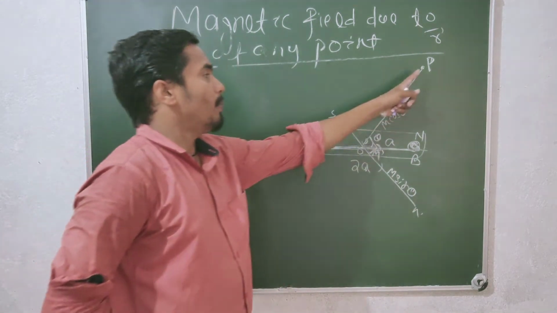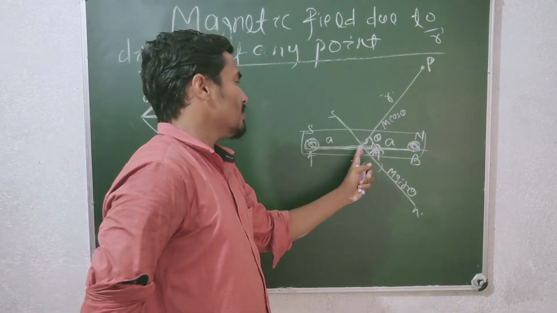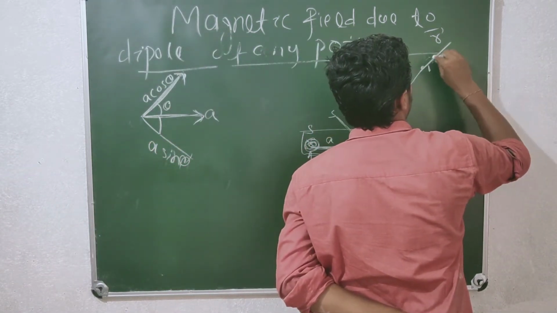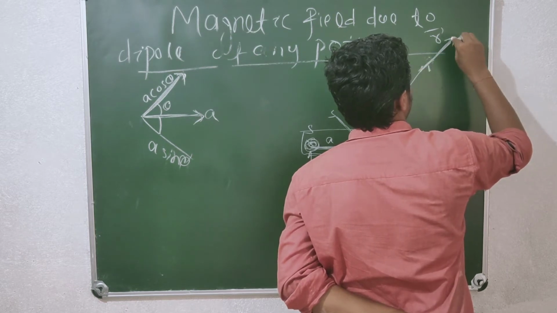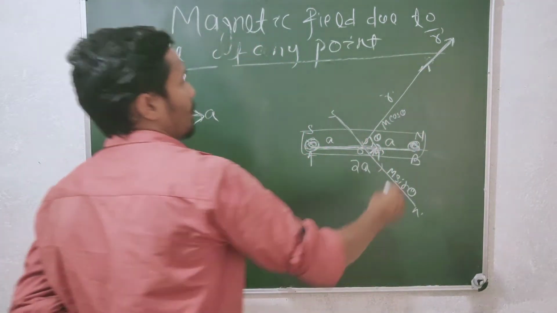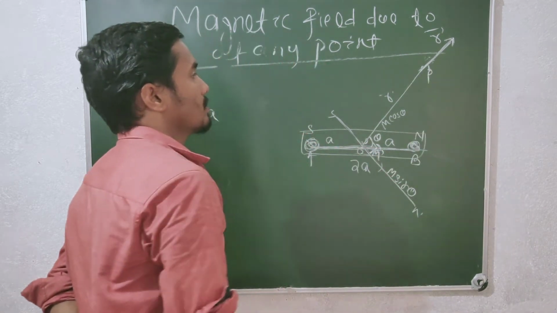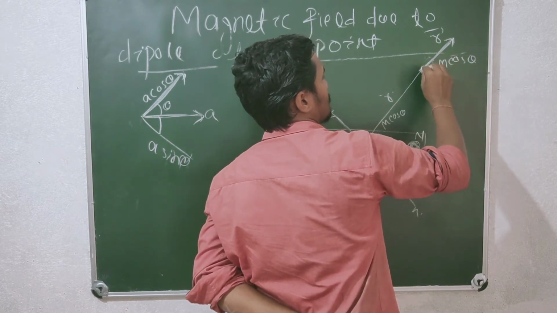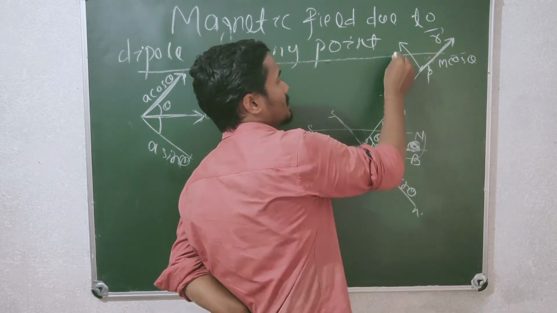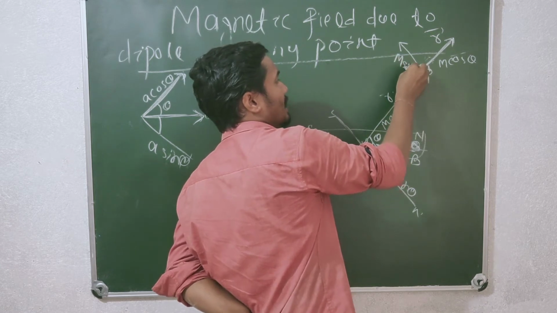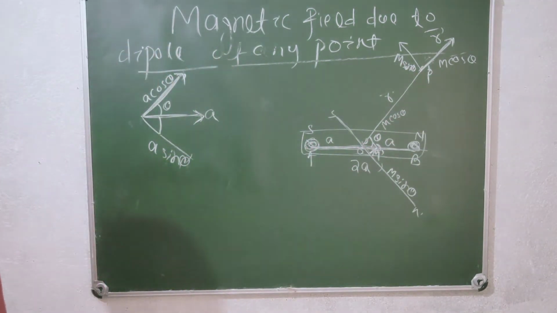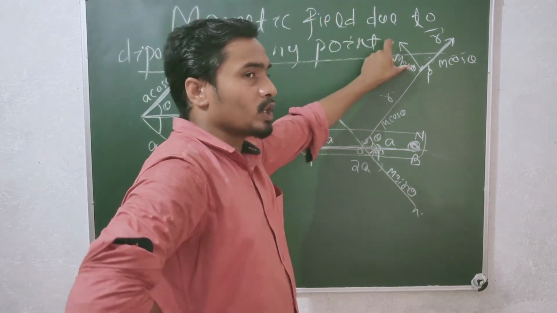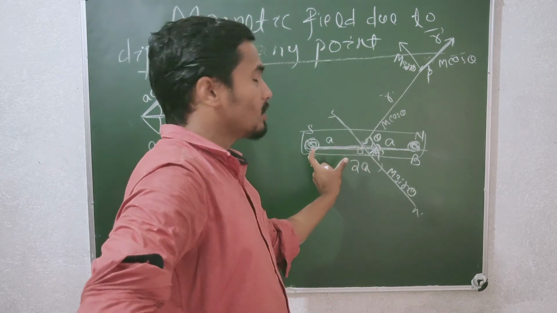Here the point P is present on the axial line of m cos theta, and this is its direction at point P. The other perpendicular component is the sin component, m sin theta, which is perpendicular to m cos theta, so m sin theta is the dipole moment component for the equatorial line of the bar magnet.